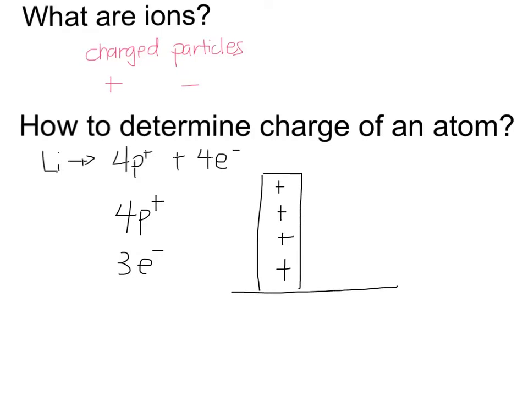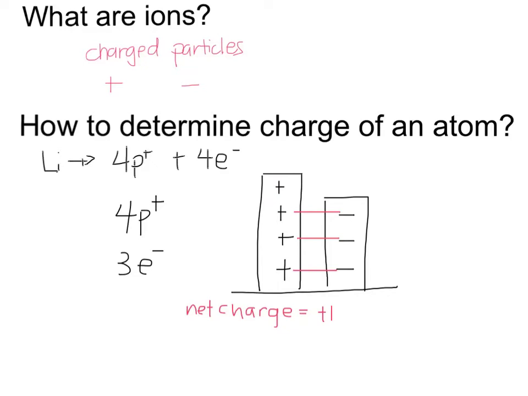And here is lithium with 3 negative charges. If you notice, these guys will cancel each other out, but we're still left with this one positive charge. So if I have lithium that has 4 protons and 3 electrons, this has a net charge of positive 1.